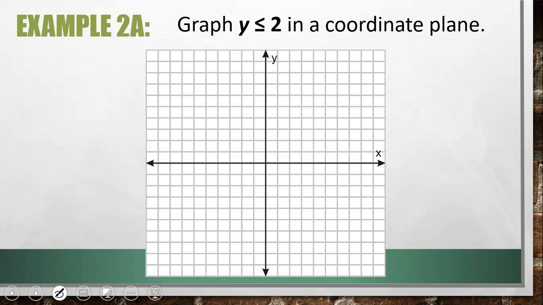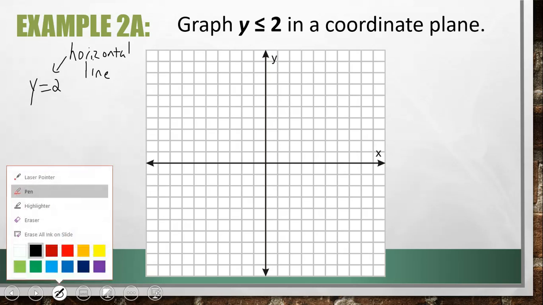So let's take a look at an example here. We have y is less than or equal to 2. So what we're really graphing here is the line y equals 2, which, hopefully you're remembering, is a horizontal line at 2. So I always say to myself, okay, am I going to deal with a dotted or a dashed line?